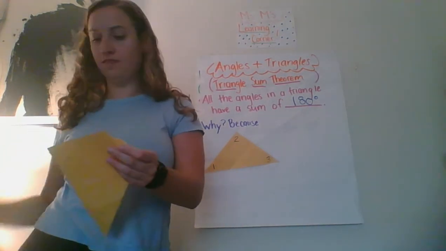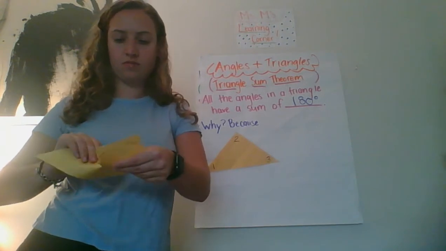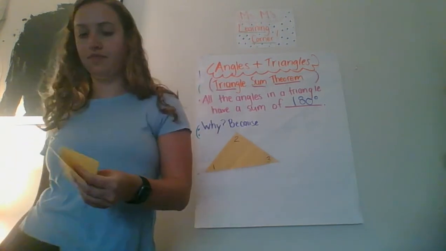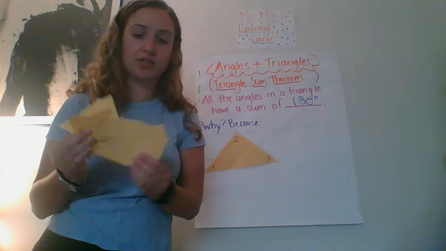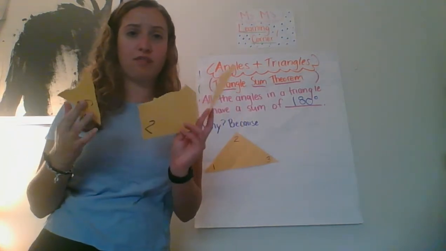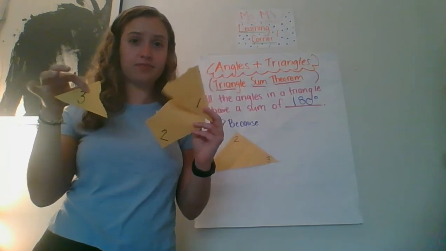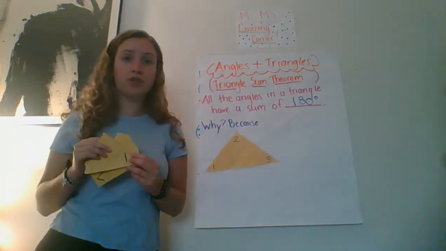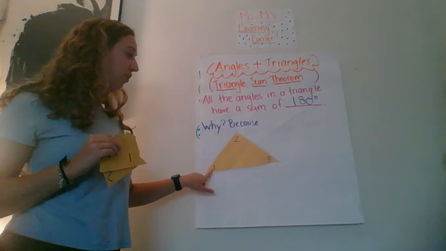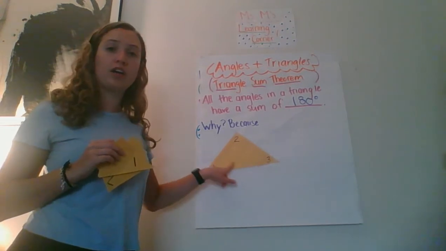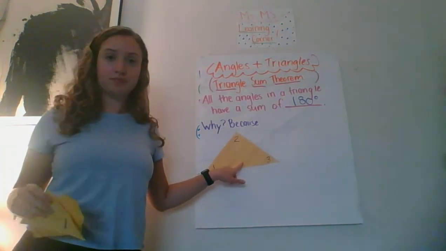So 1, 2, 3. Alright, so your pieces might look different than mine. That's okay. But you should have 3 different pieces of your triangle. Alright, so like we just said, a triangle with 3 angles, 1, 2, 3, they're all going to equal 180 degrees.